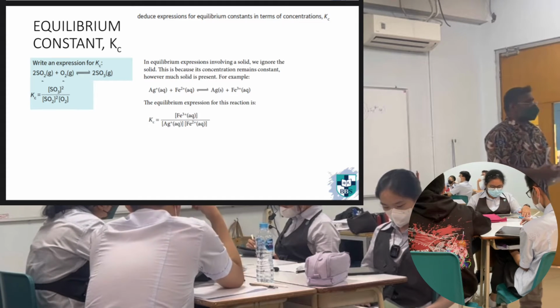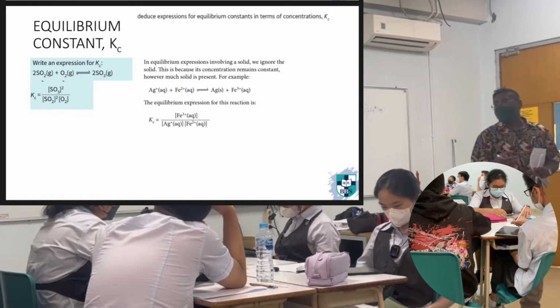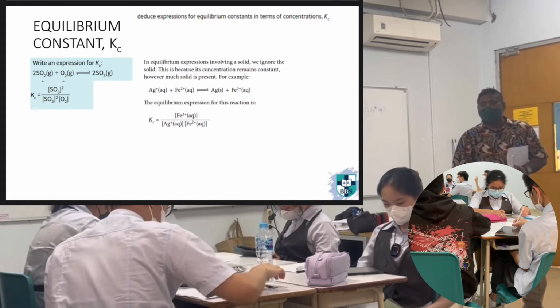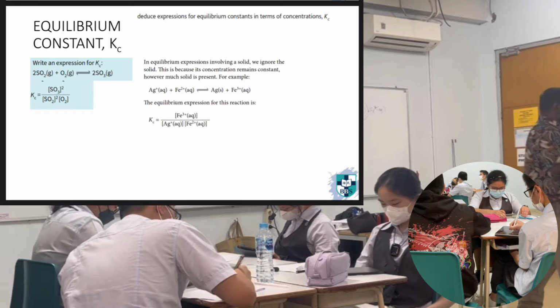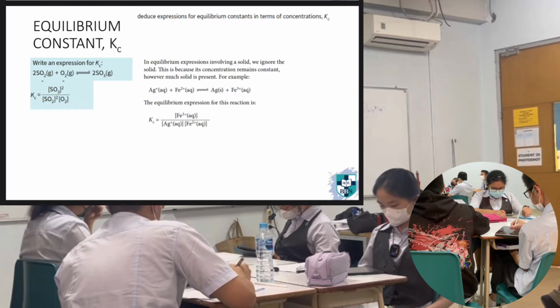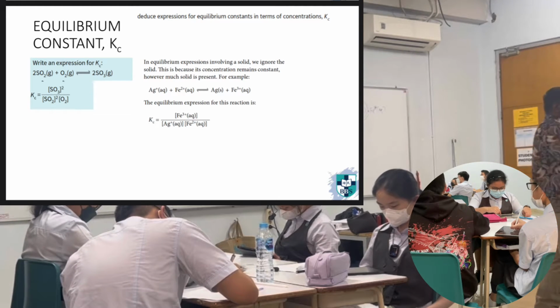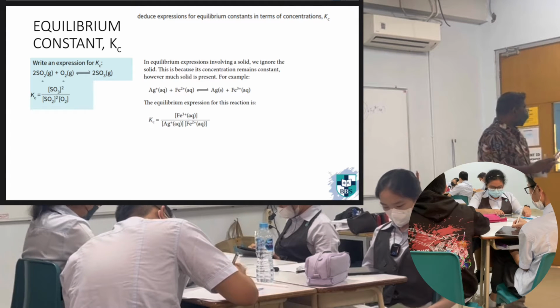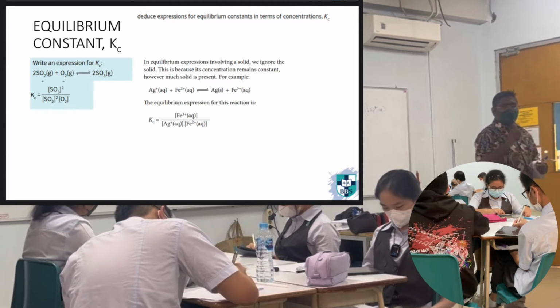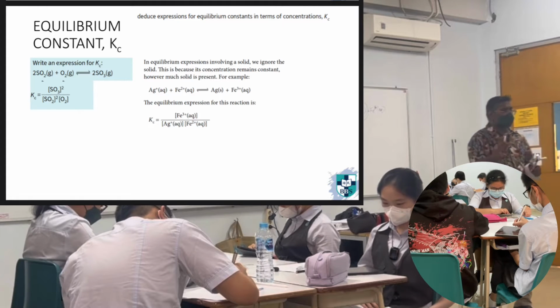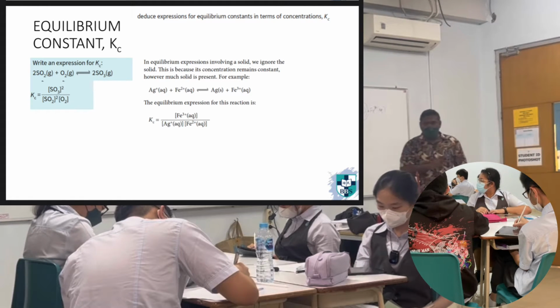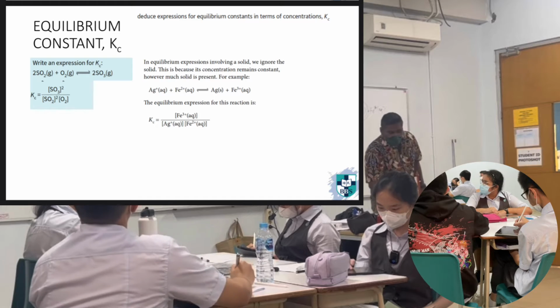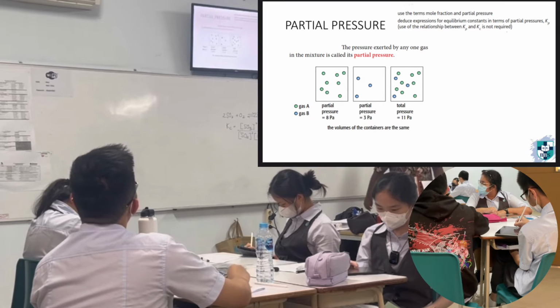We do not put the constant concentration over there. So the important point to remember for Kc, if you are dealing with aqueous solutions and so on, even for gas you can use Kc, but remember solid will not be there because its concentration is constant.